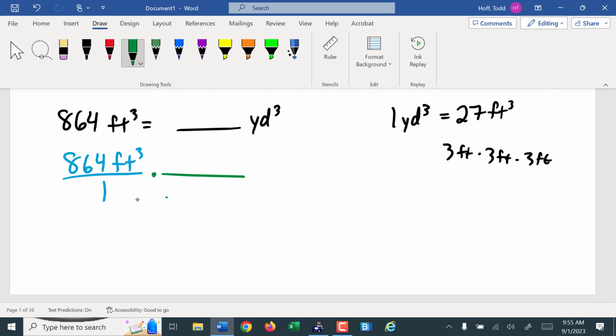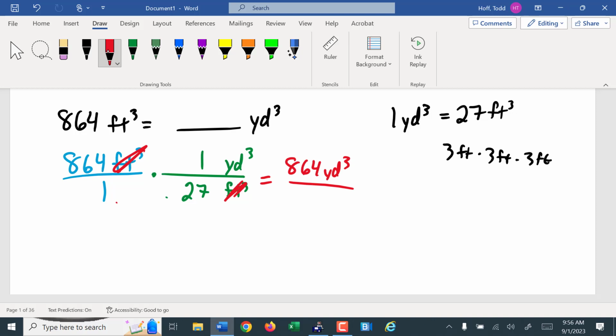In the conversion factor, cubic feet have to go on bottom again. Cubic yards will be on top. 1 cubic yard is 27 cubic feet. The cubic feet cancel out. 864 times 1 cubic yard is 864 cubic yards. 1 times 27 on bottom is just 27, and we divide to get 32.